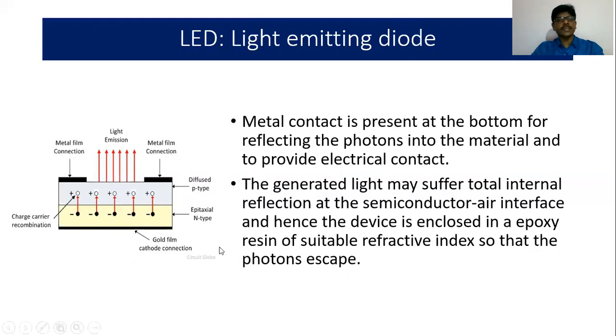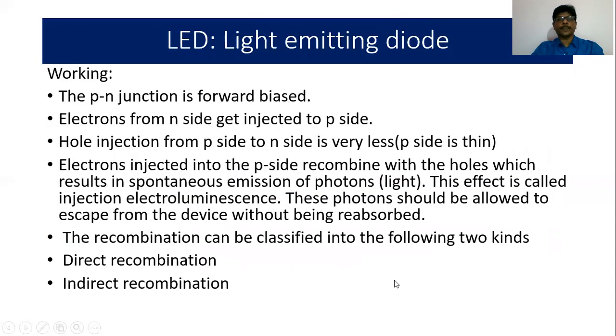Where is this interface? This is the interface between the semiconductor and air. Hence the device is enclosed in an epoxy resin of suitable refractive index so that the photons will escape. So once there is a recombination of electrons and holes, this light will escape out of the material.